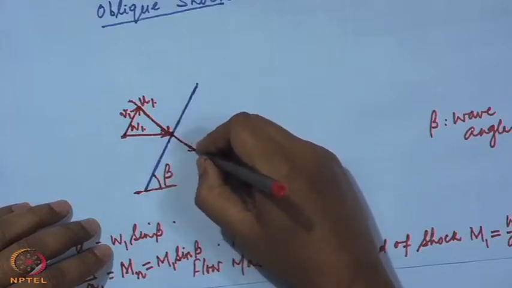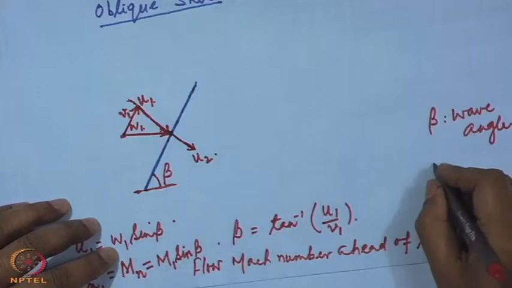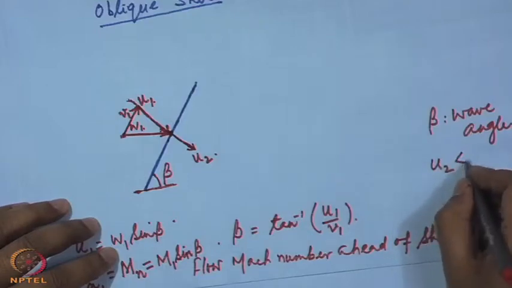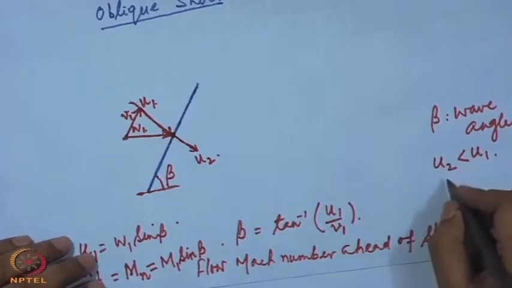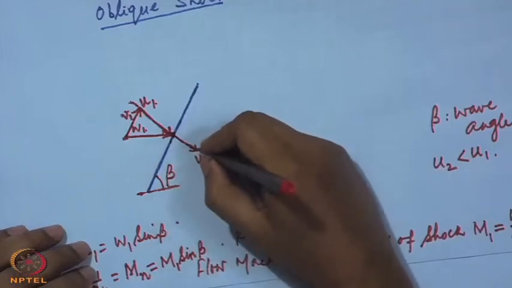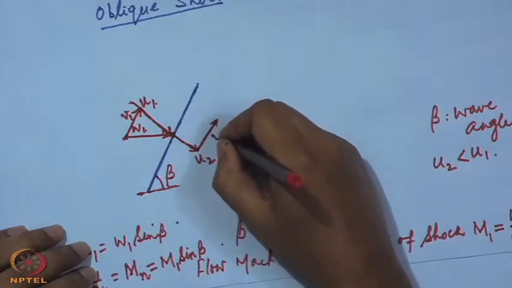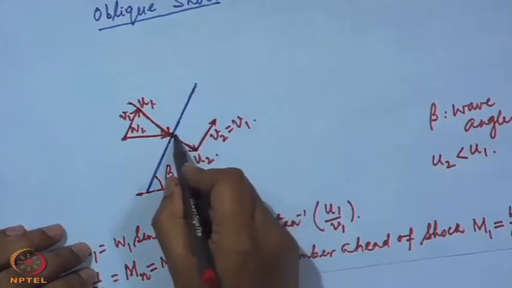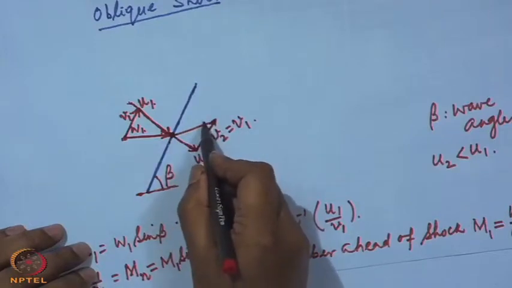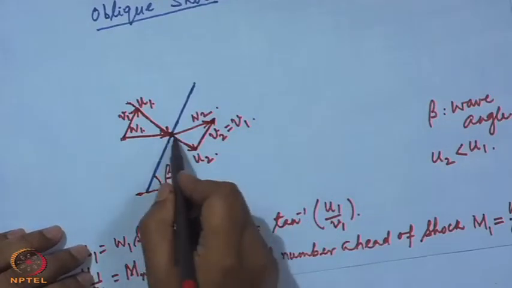So, this u2 is smaller than u1 and will be given by the normal shock relation. The component v1 does not change and remains the same, that is v2 equals v1, and the resultant velocity is W2.